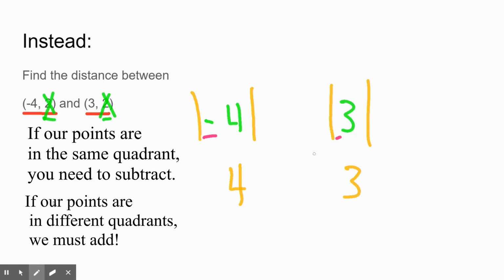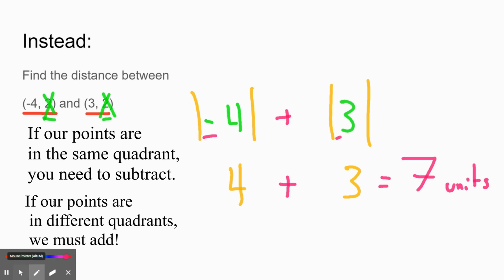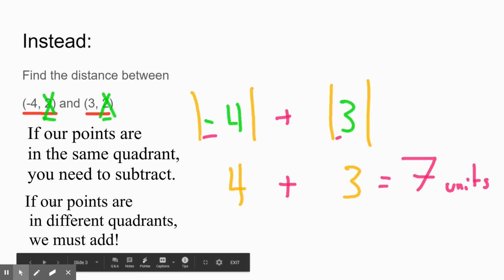And if they're in different quadrants, we are going to add our 2 values together. So 4 + 3 is equal to 7. So our distance is going to be 7 of whatever our unit is in this graph. If we don't know what unit it is, we can just say units, and that is a good general answer.